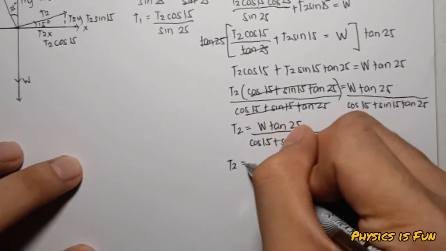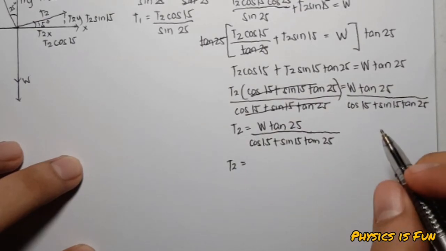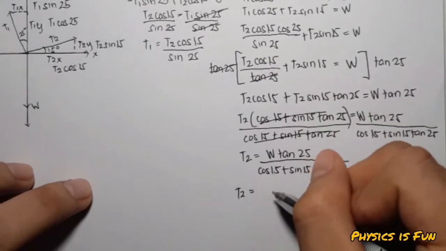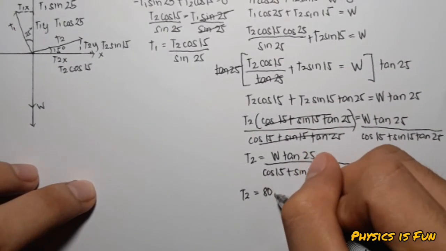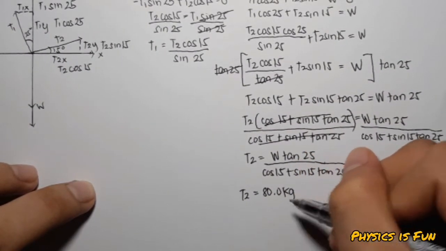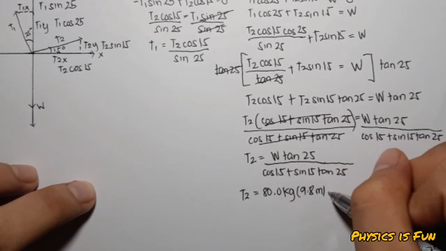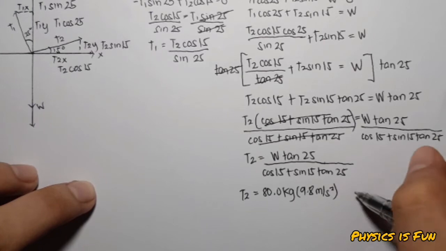Remember, weight is mass times gravity. So in our given, we have 80 kilograms. So we will put 80 kilograms as the mass, and gravity, which is 9.8 meters per second squared.